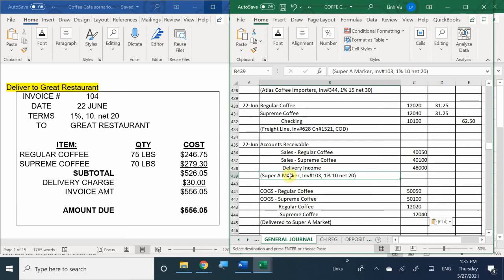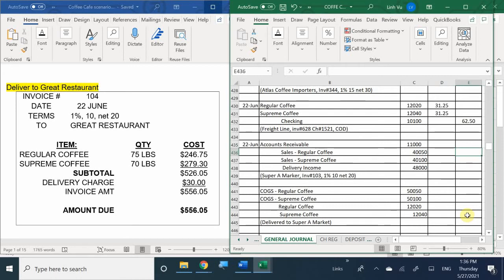All right. Accounts receivable, total of $556.05. What account number is accounts receivable? It's 11,000, right? Yes. Okay. What was my sales for the coffee? My computer's slow like me today. All right.